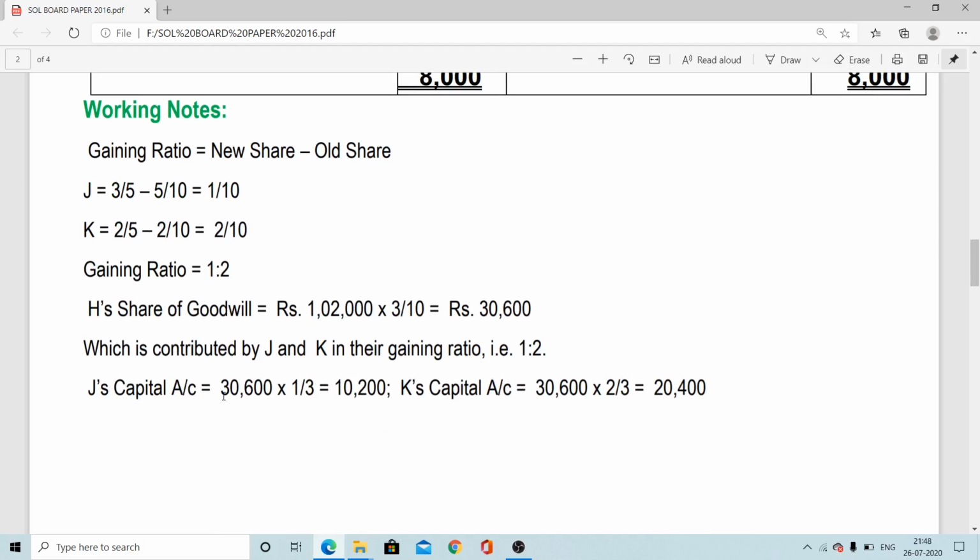So J's capital will be debited by 30,600 into 1/3, that is 10,200. K's capital will be debited 30,600 into 2/3, that is 20,400. So the entry is J's capital account debit, K's capital account debit to H's capital account, under the gaining ratio, and this amount we have to consider.